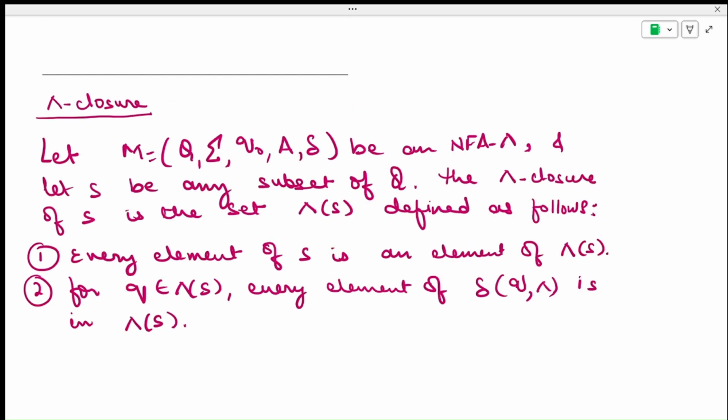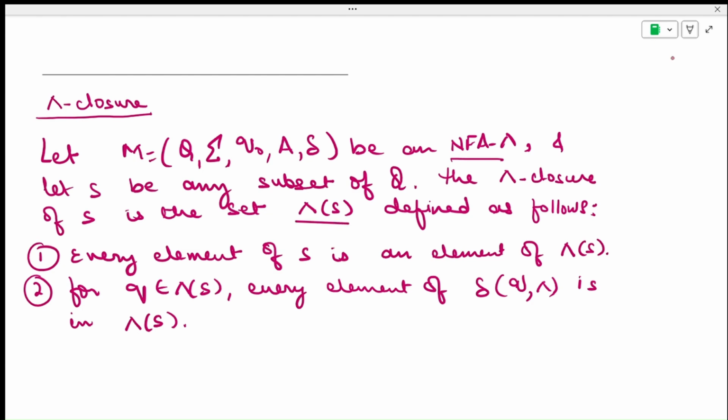Now we have a concept of null closure. See the definition. If we have some machine with a tuple Q, sigma, q naught, A, delta, and it is a non-deterministic finite automata with the null moves, and let there be a subset S of Q, the null closure of S is represented by null S, defined as follows.